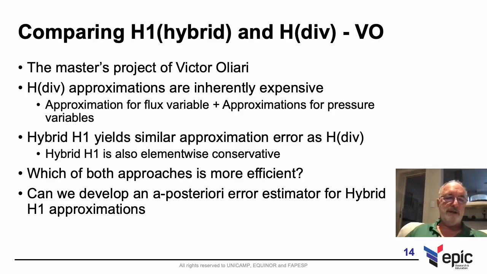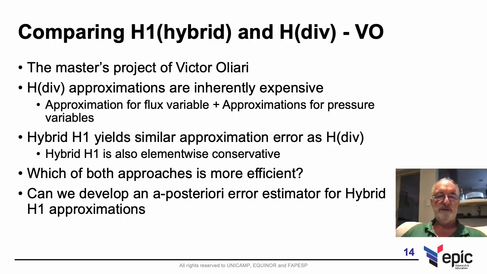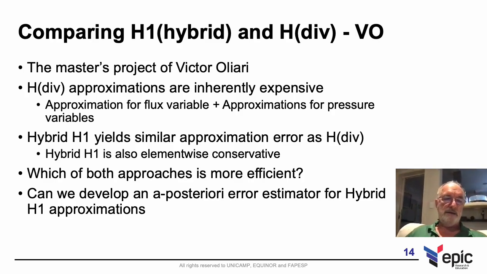We observed that the hybridized H1 approximations yield similar approximation errors as HDiv, and the hybrid H1 approximations are also element-wise conservative. So the work of Victor was to compare HDiv with hybridized H1.